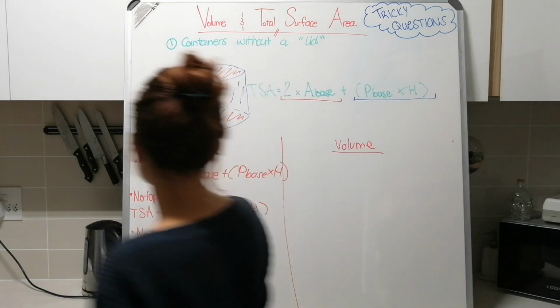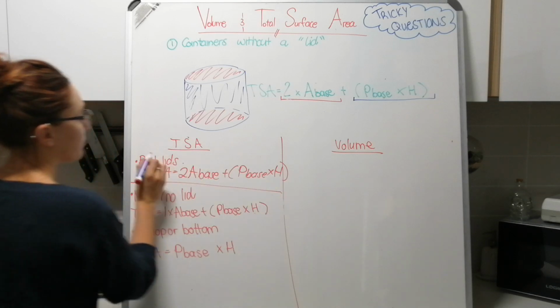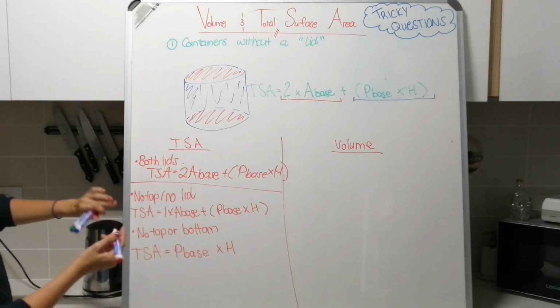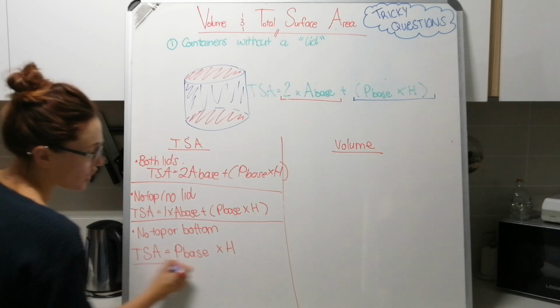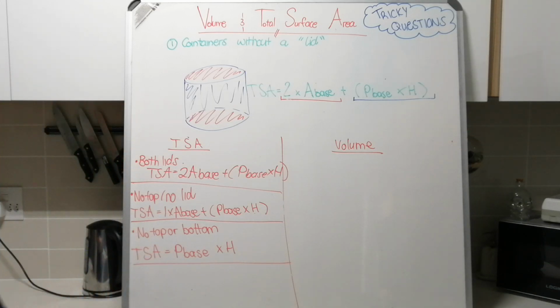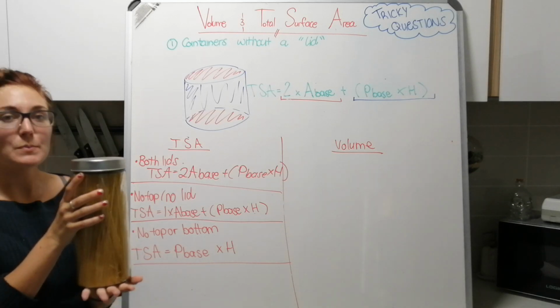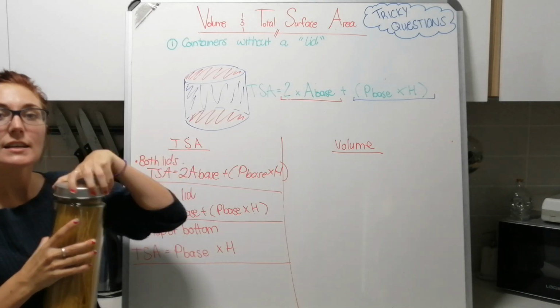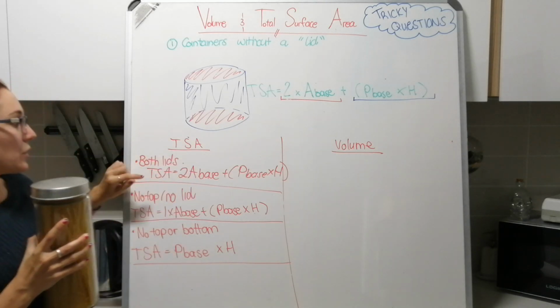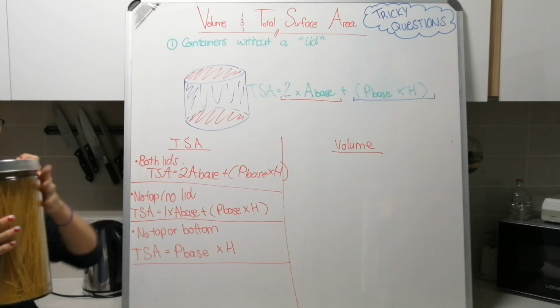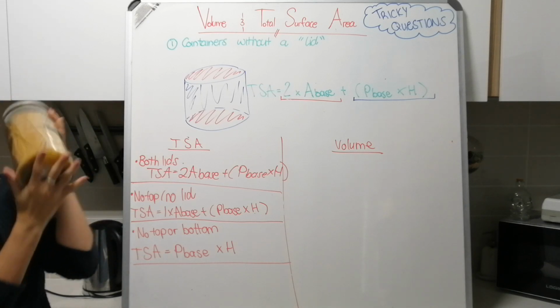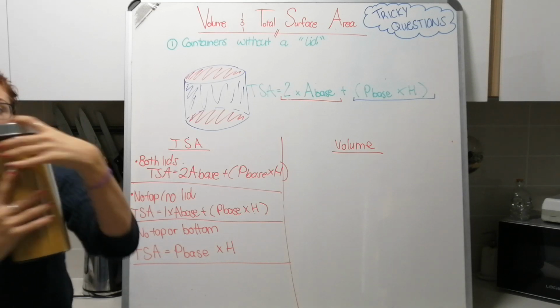Okay, so these are the 3 scenarios. Either you have both lids, top and bottom, or you've got only top or only bottom, or you've got neither top nor bottom. Okay, I'm actually just going to use my spaghetti tin for this. So the total surface area for the spaghetti tin, if I remove its lid, okay, with the lid on, we would use this formula, 2 times the area of the base, that's the area of the top, as well as the area of the bottom, as well as the area of the walls.